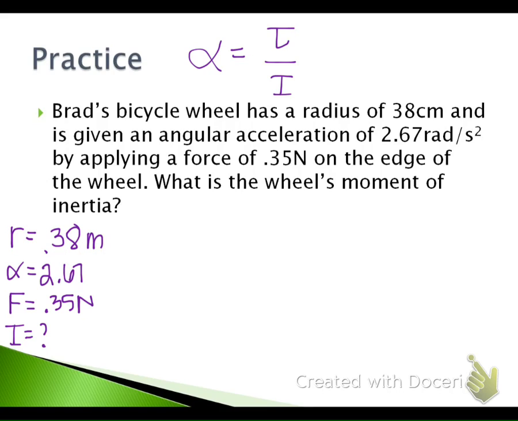So let's first solve for torque equals Fr sine theta. If it doesn't tell you an angle that it's applied at, we assume it's applied perpendicular, or at a 90-degree angle, in which case we just drop that sine theta because sine of 90 degrees is 1.